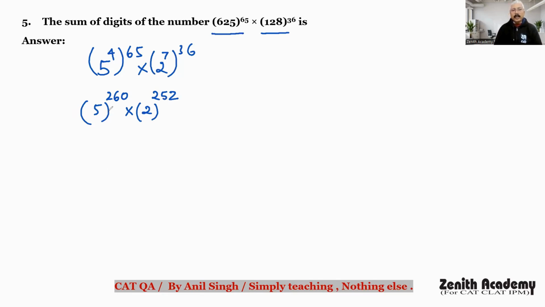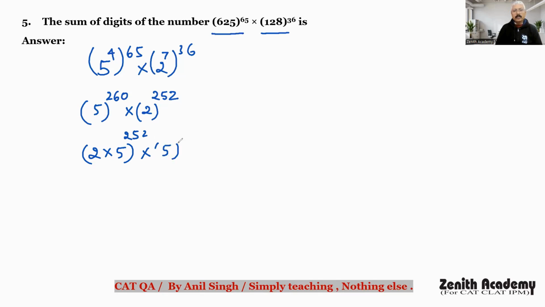So look here, the prime factorization of 625 to the power 65 into 128 to the power 36 has only two prime factors, 5 and 2. So we can write 2 into 5 to the power 252, and it is 260.